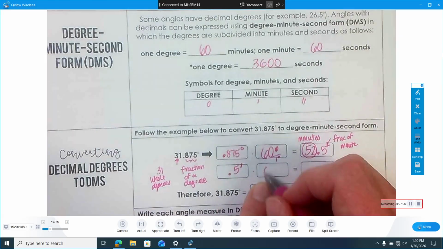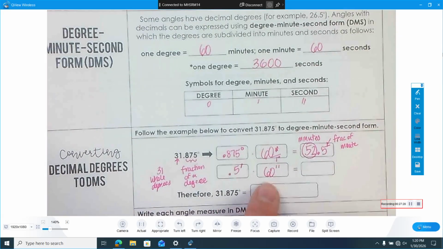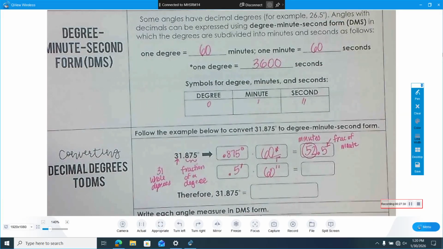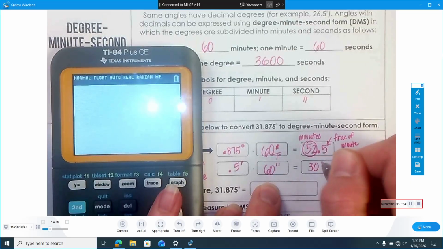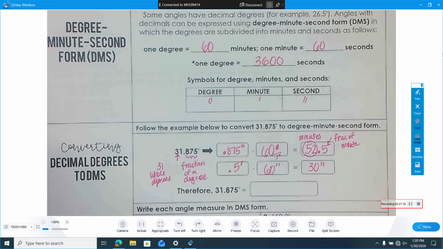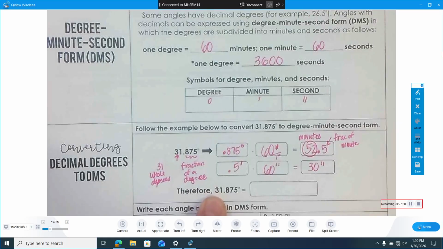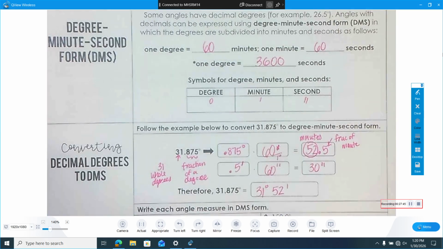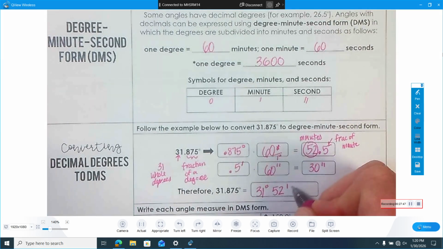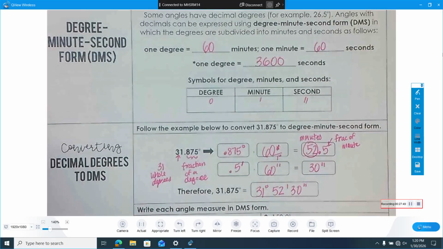And I'm going to multiply it by 60 seconds, so 0.5 times 60 is 30 seconds. So therefore, we have 31 whole degrees, 52 whole minutes, and then 30 seconds on the leftover bit.